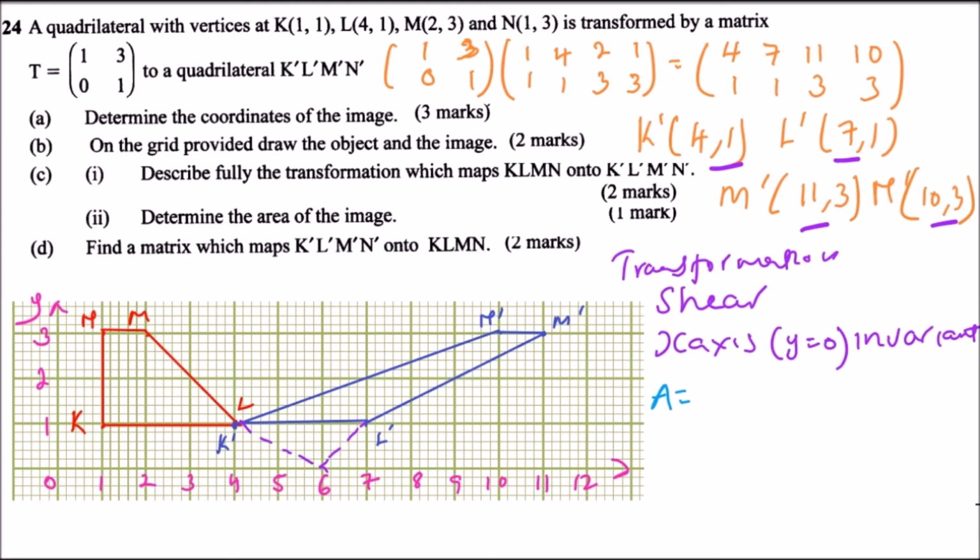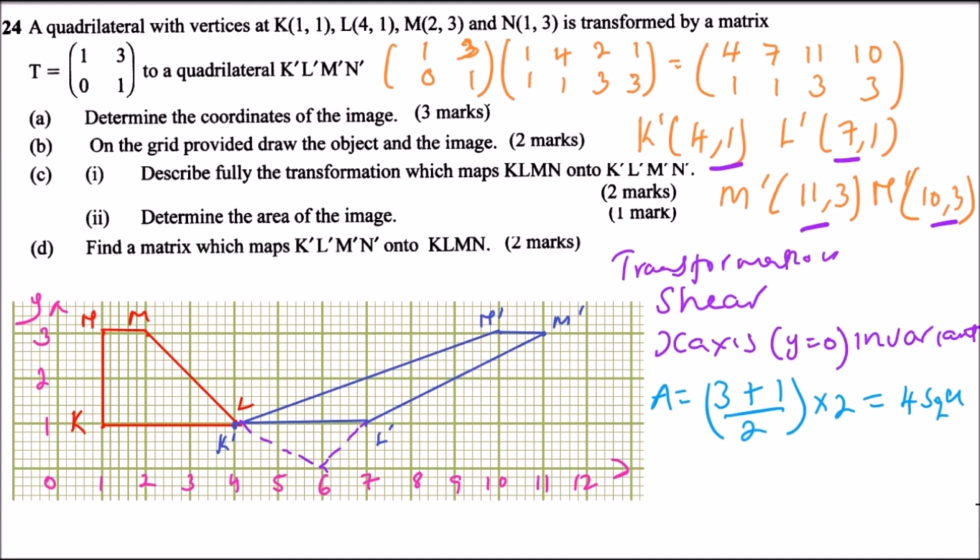So we have 3 units, that is K prime L prime, plus the NM which is 1. You divide by 2, the formula for the area of a trapezium, and the height is 2 units, so you multiply by 2. This is 4 divided by 2 is 2, multiplied by 2 is 4 square units. So that's how you find the area.